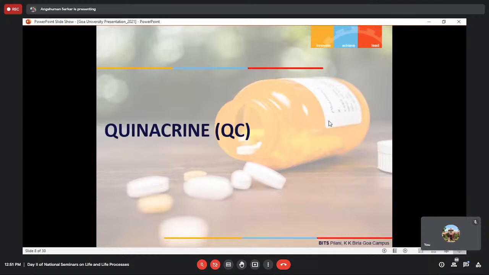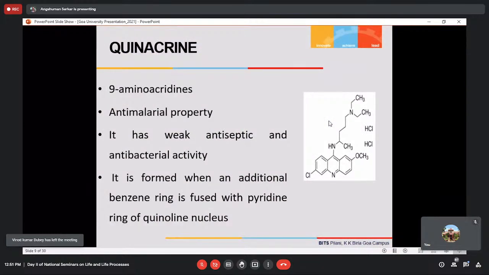We are dealing with a small molecule named quinacrine, which is a 9-aminoacridine molecule, commonly used in malaria treatment. It is also used in giardiasis. It has a weak antiseptic and antibacterial activity, but it is formed when an additional benzene ring is fused with the pyrimidine structure of the quinoline nucleus.